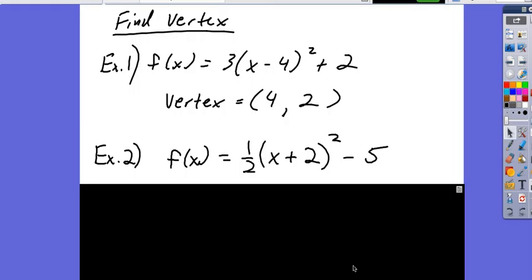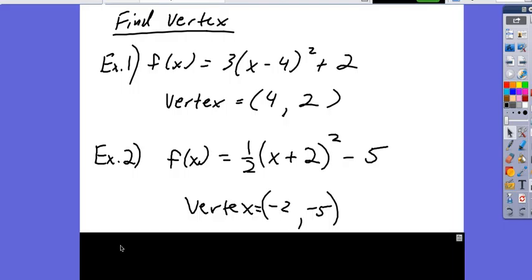So, what is the vertex? Correct. (-2, -5).